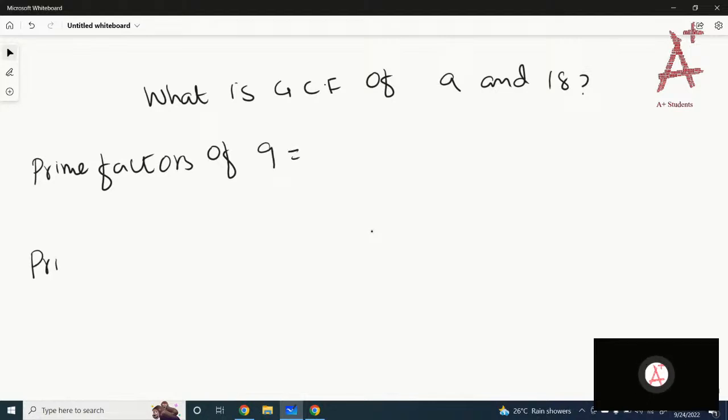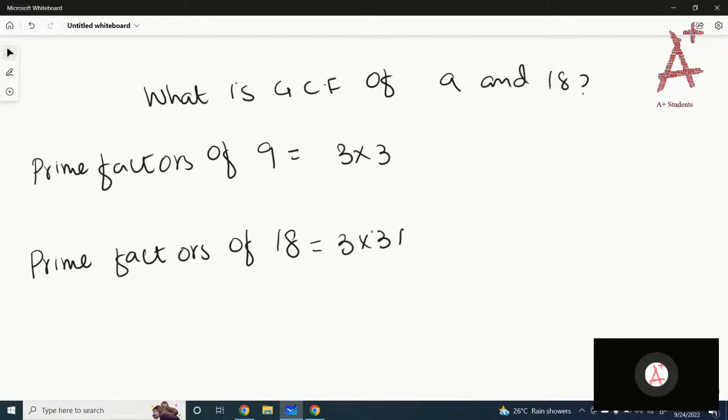If you have any problem writing the prime factors, you can go to grade 7 maths and you can find a topic on it. Also you can search the channel, you can find the topic on the channel as well. Got it? So the prime factors of 9 are 3 times 3, and the prime factors of 18 are 3 times 3 times 2. So you can revise the topic from grade 6. Got it?